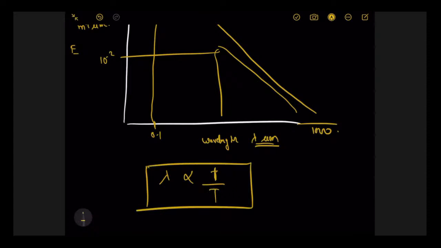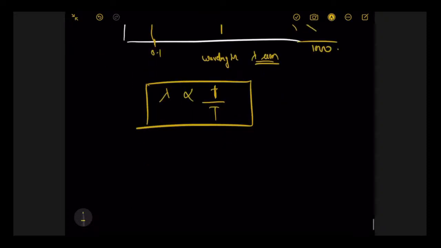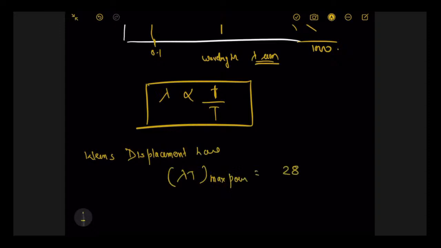Got it? Got the point? According to Wien's displacement law, lambda max times T equals a constant, 2897.8 micrometer Kelvin.